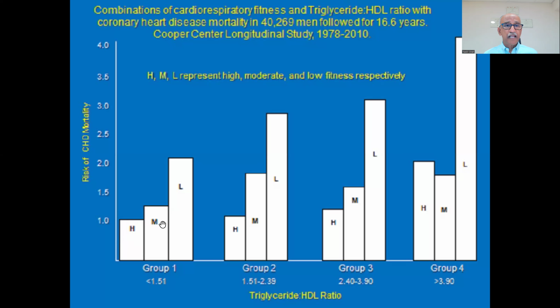So this number you have to keep in mind: between high active fitness and low active fitness, your mortality is almost double here. And as you go towards a higher TG over HDL ratio, of course, it just triples and quadruples. So you should keep in mind how things tie up in a holistic manner.